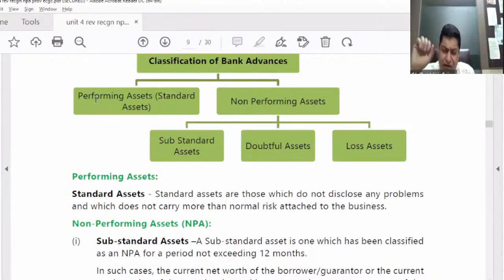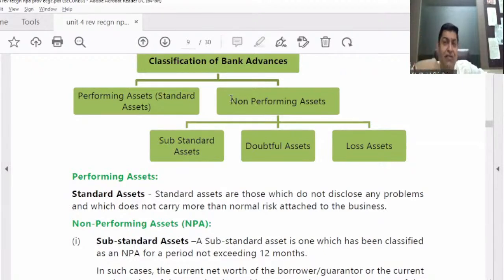For the first 12 months, it is termed substandard. After substandard, if still there is no recovery, then it is doubtful. In doubtful, there are 3 stages, doubtful 1, doubtful 2 and doubtful 3, on which basis we will make the provision. And last is a loss asset. It means nothing will be recovered at all.